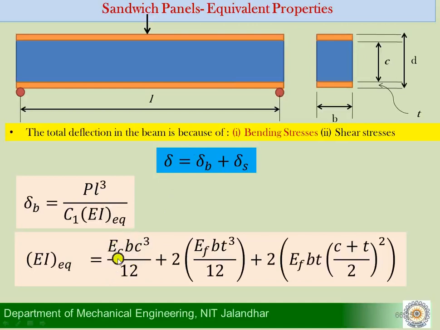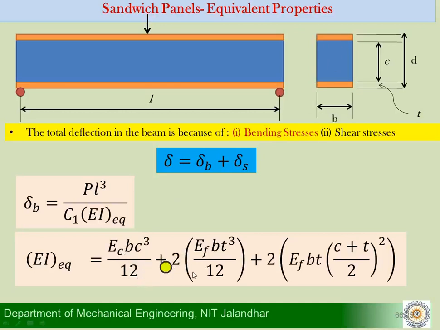EC is the modulus of the core material, and IC is the moment of inertia of the core material only, which is BC cube by 12. So the first term here refers to the bending stiffness value for only the core material. It is EC into BC cube by 12.